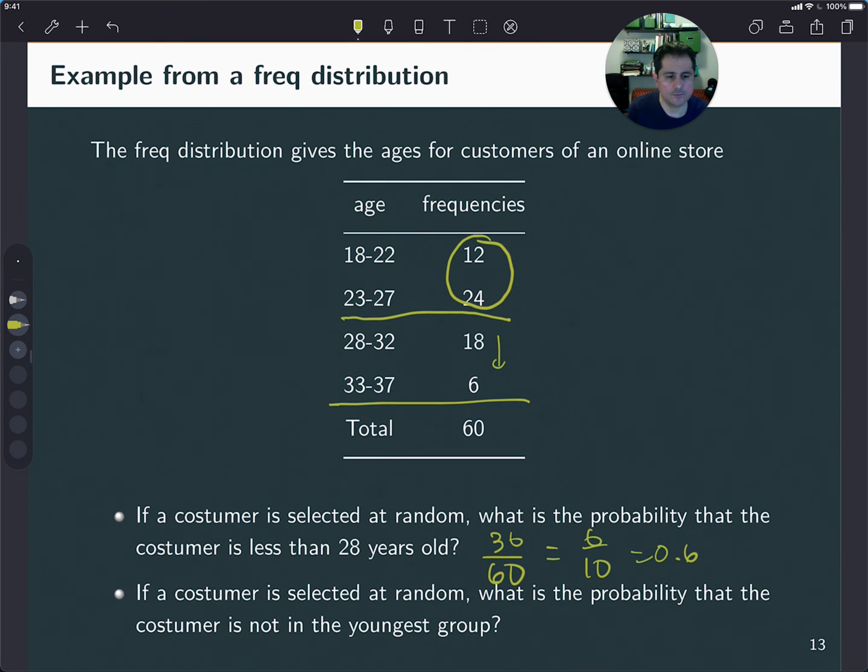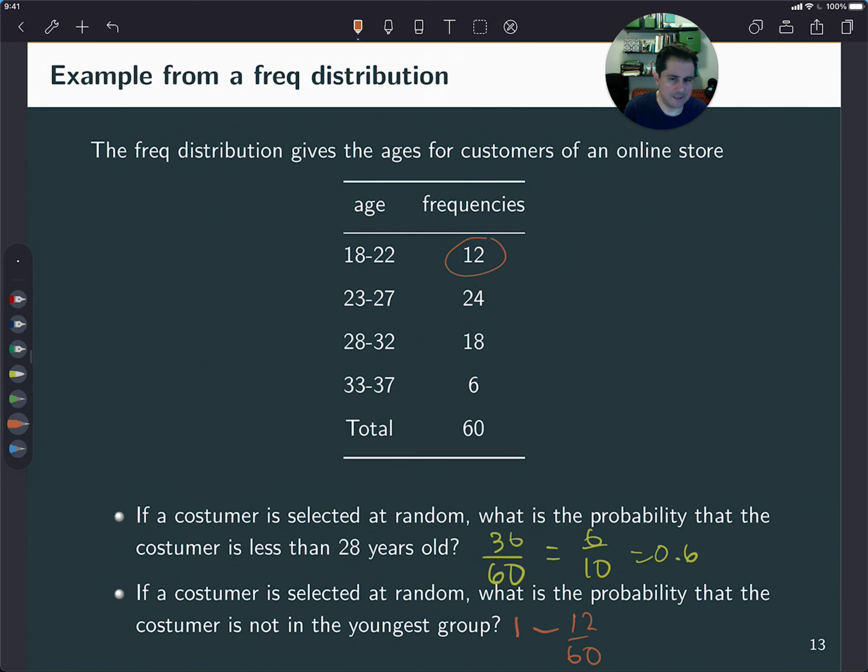That's easy to convert. And the second one says, if a customer is selected at random, what is the probability that the customer is not in the youngest group? Of course, in this one, it's again easier to find the probability that he is in the youngest group and subtract it from 1. The youngest group is this one, so there's 12. So it's going to be 1 minus 12 over 60.